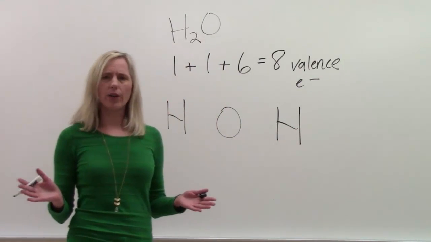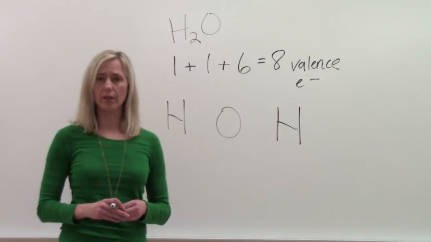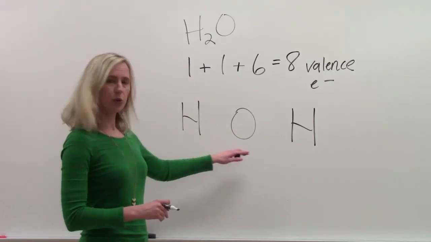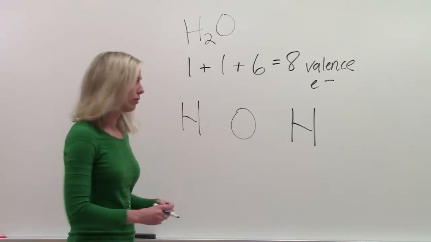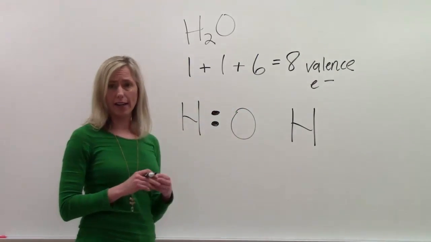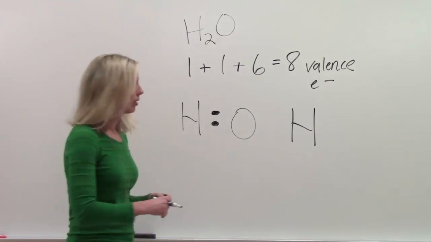Your job now is to start placing electrons where you believe there are covalent bonds, where they're going to share the electrons. For instance, between this hydrogen and this oxygen, let's have them share 2 electrons. So there's 2 of our 8. On the other side, let's create another covalent bond.